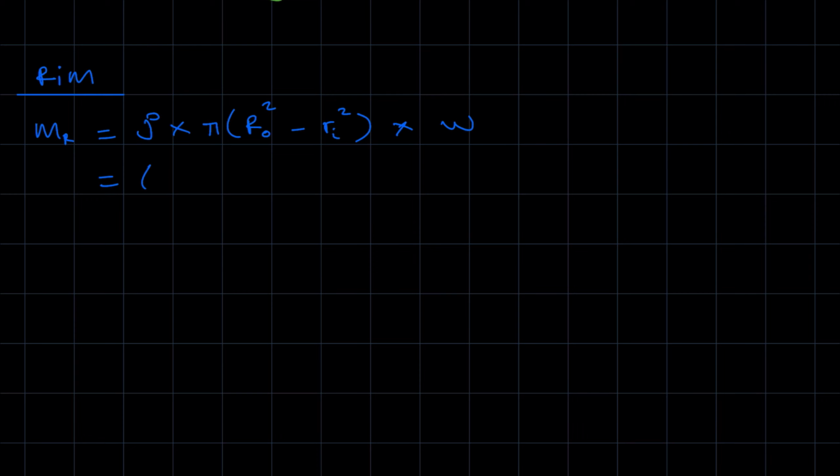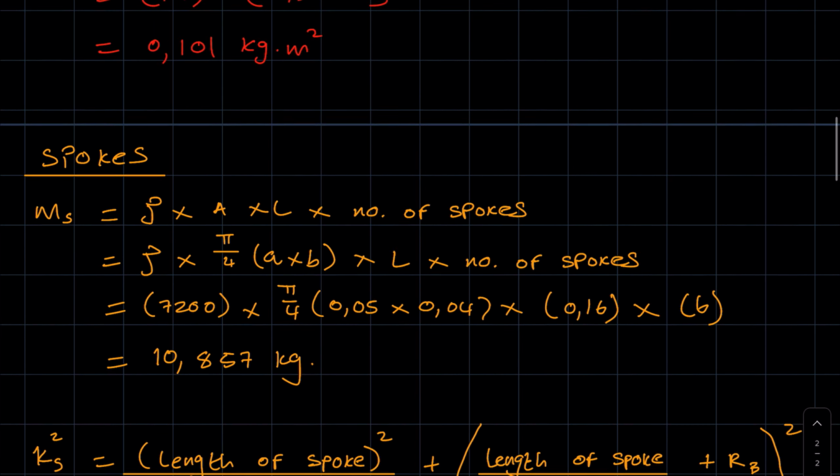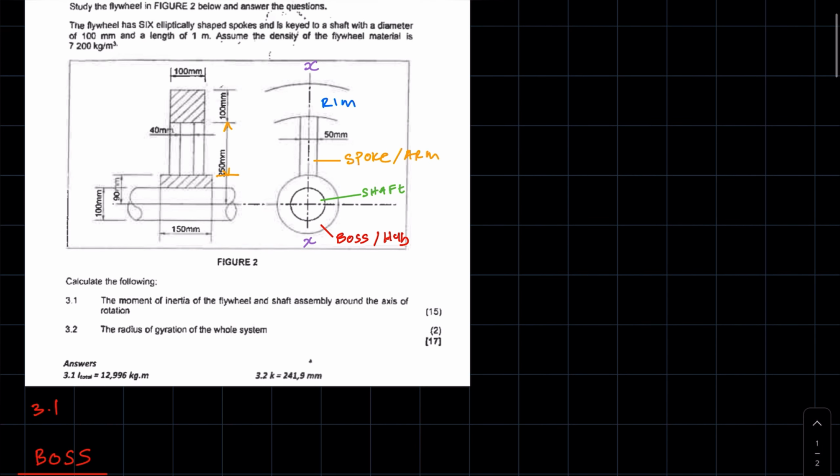So here, 7200 times pi into the outside radius, which would be the radius from here to there.